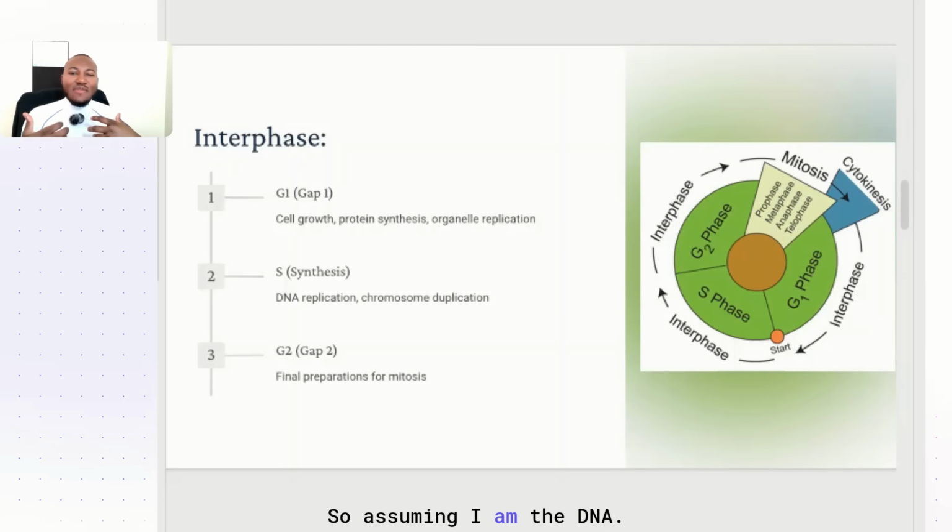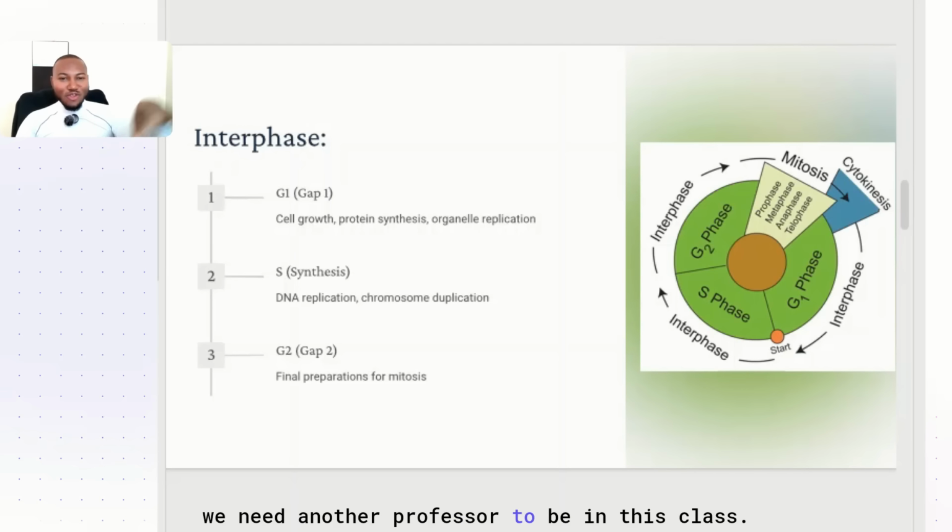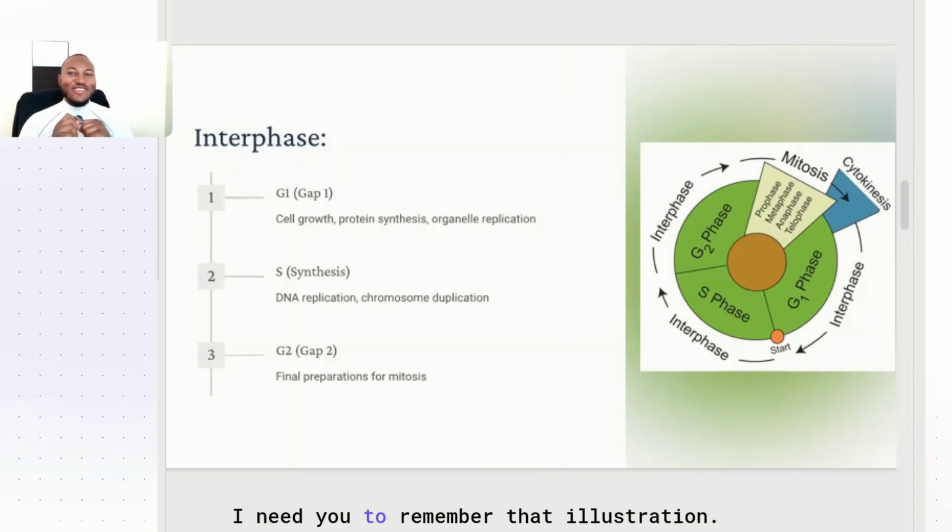So assuming I am the DNA, we are trying to break the DNA. That is called DNA replication. This class has to have a DNA, and the new class needs another professor. I need you to remember that illustration. After that, what happens?